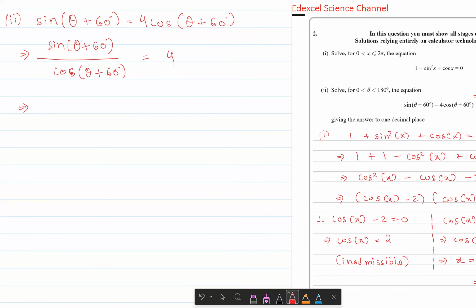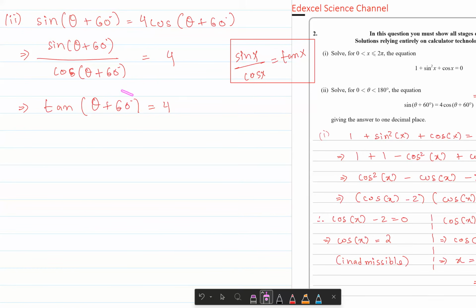If I do that, what I will have is tan, right? We know the identity that sin x over cos x is tan x. So I am using this identity. The reason why I am doing this is because now look at the equation, it has become much simpler.